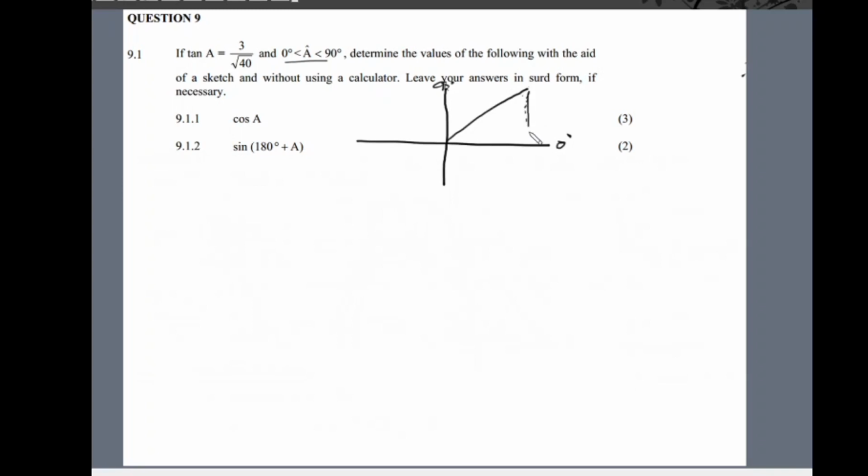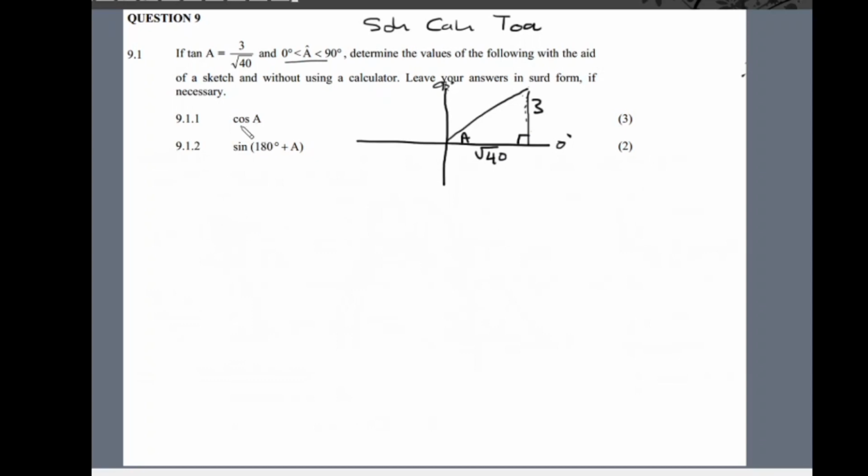So we have angle A here, and then we know from SOHCAHTOA that tan is opposite over adjacent. Here we are given that tan of A is 3 over the square root of 40, so the opposite side will be 3, the adjacent side will be the square root of 40, right?